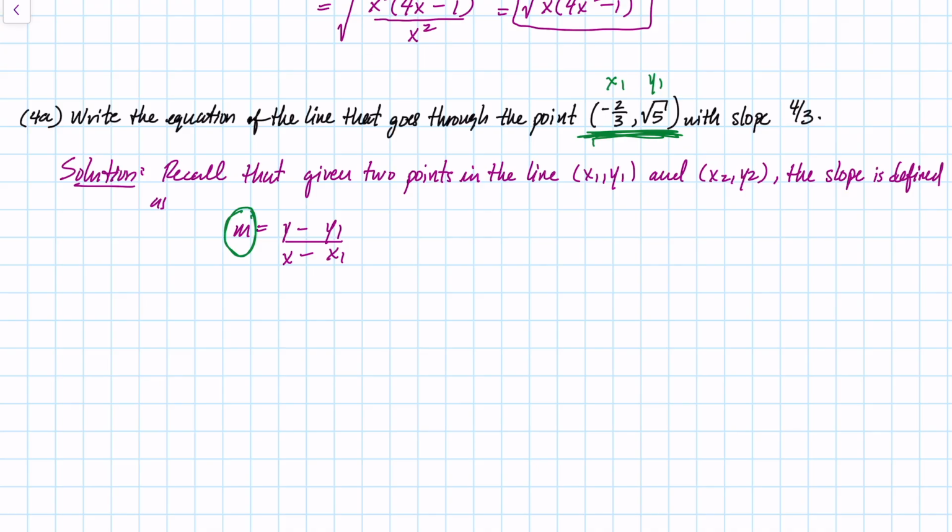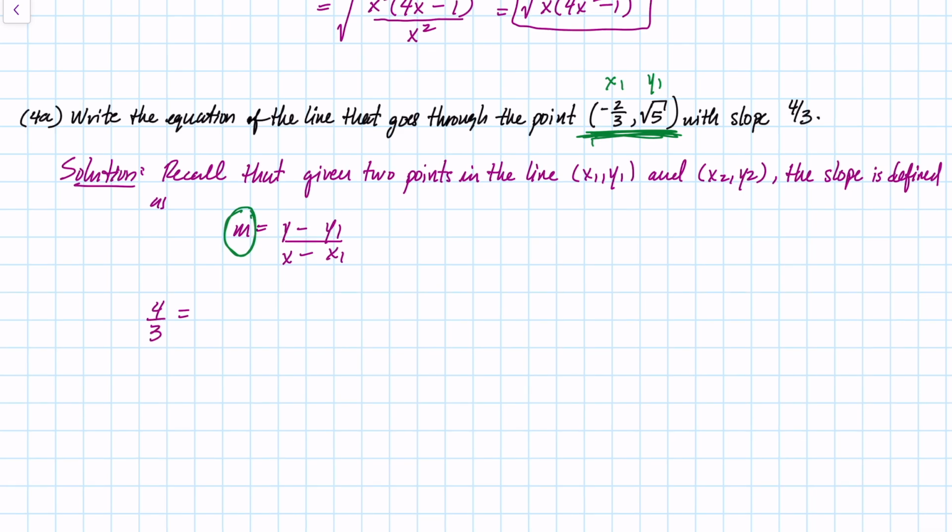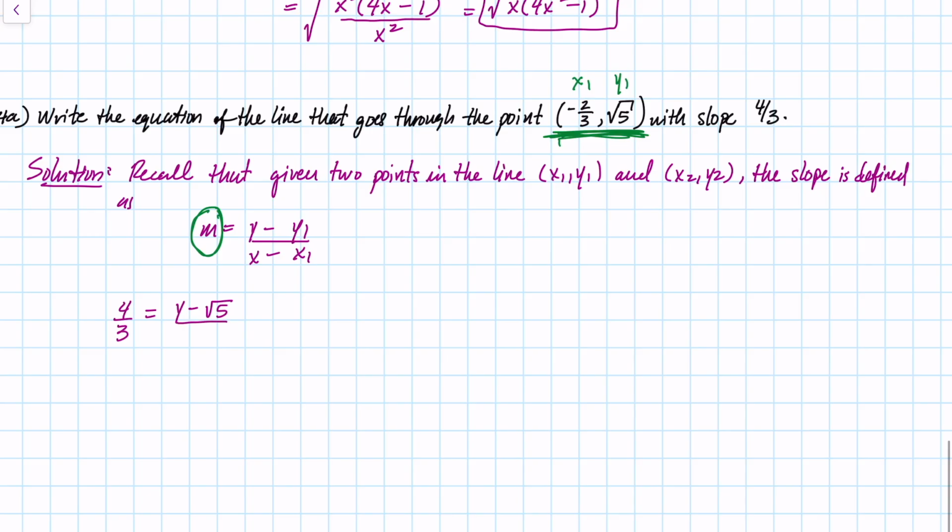Okay, so I have the slope. The slope is 4/3. Okay, and that is going to be equal to, based on the formula above, y minus my y1, which I have because I have a point already, divided by x minus my x1, which I also have, which is negative 2/3.